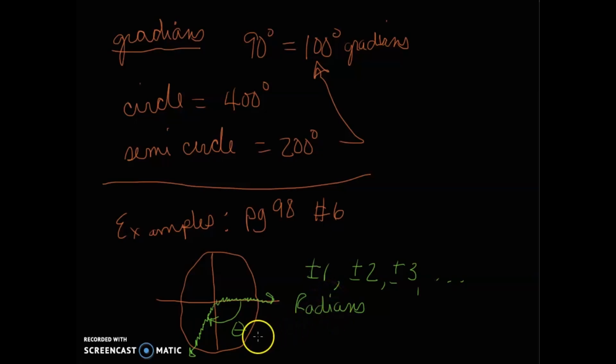Give the radian measure of this angle theta. Well, let's see. It's got to be negative. So first of all, let's put a big negative sign there. And it's just past this first mark.